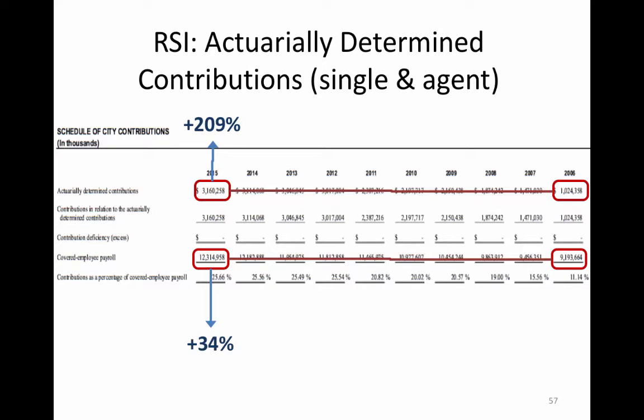So you could see why that ratio grew so quickly, because the contributions to the plan grew by 200% compared with just 34% for the covered employee payroll. So it represents a much bigger percentage of their payroll than it did 10 years ago, which means it must be a greater financial burden on the government than it was 10 years ago.